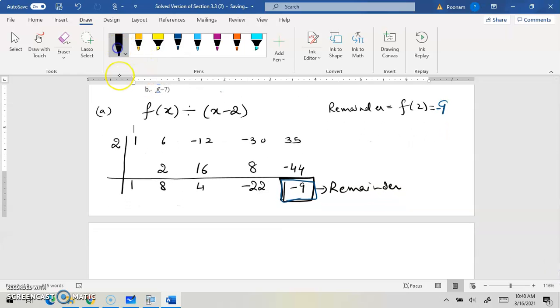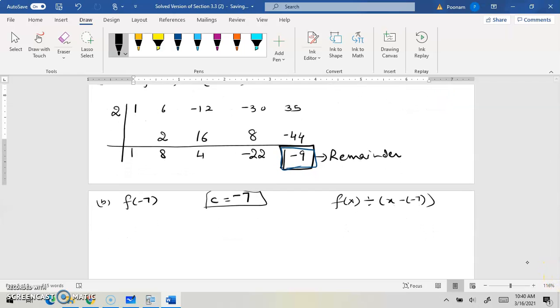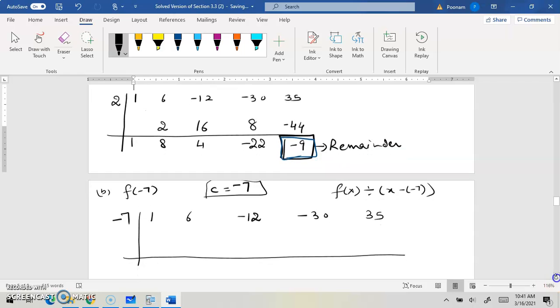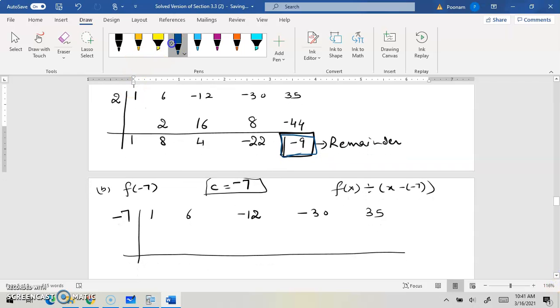Let's see part B here. That says to find f of negative 7, meaning c is negative 7. So we have to divide f of x by x plus 7, that is x minus negative 7. Let's write the coefficients of f of x again: 1, 6, negative 12, negative 30, 35. We have to write c over here, which is negative 7. 1 comes down.